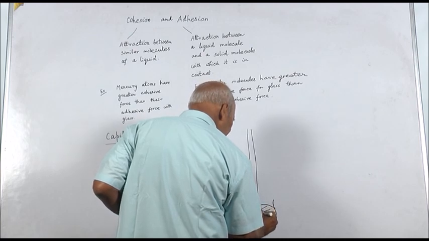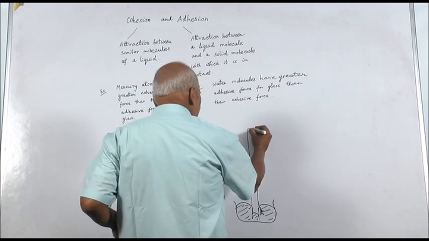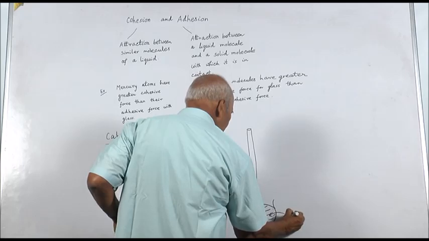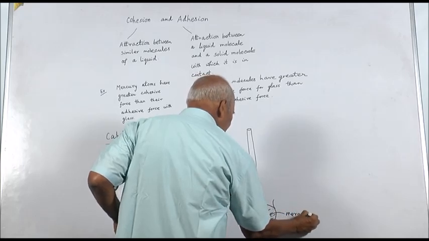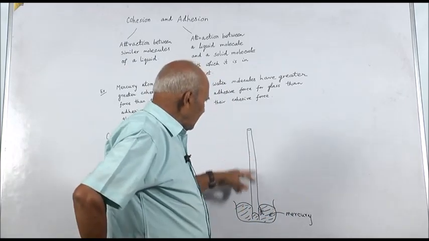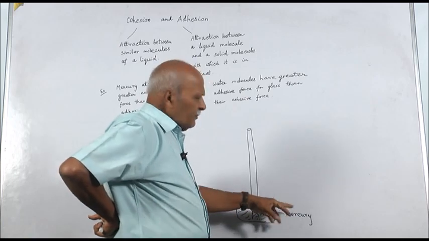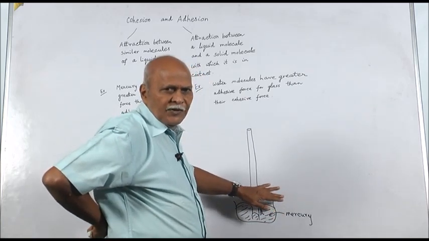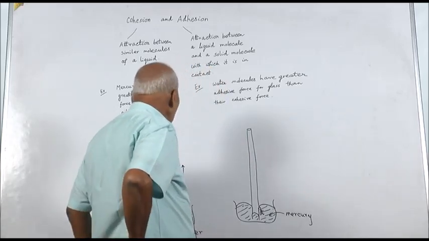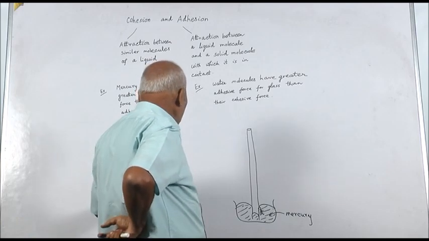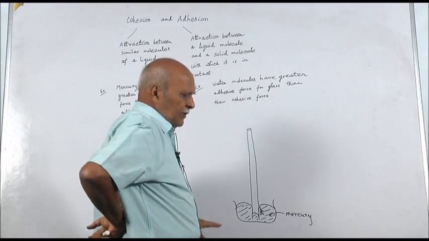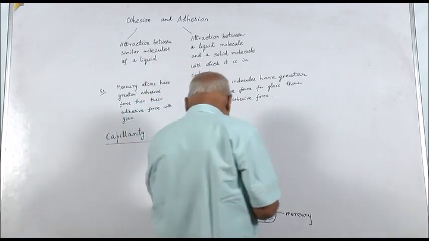This explanation of why it goes down inside the narrow tube can be given with the help of surface tension, which is another property of liquids. So, capillarity means either rise or going down depending on the nature of the liquid. That is about capillarity.